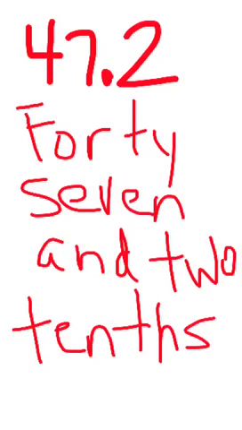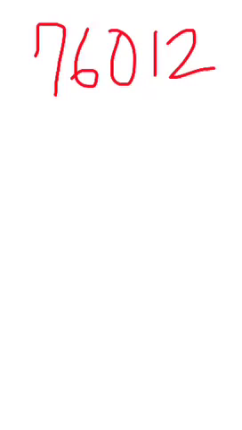Let's look at another example. You're given the number 76,012 and you need to write that in words. Do not use the word "and" here because "and" is used in place of the decimal point.